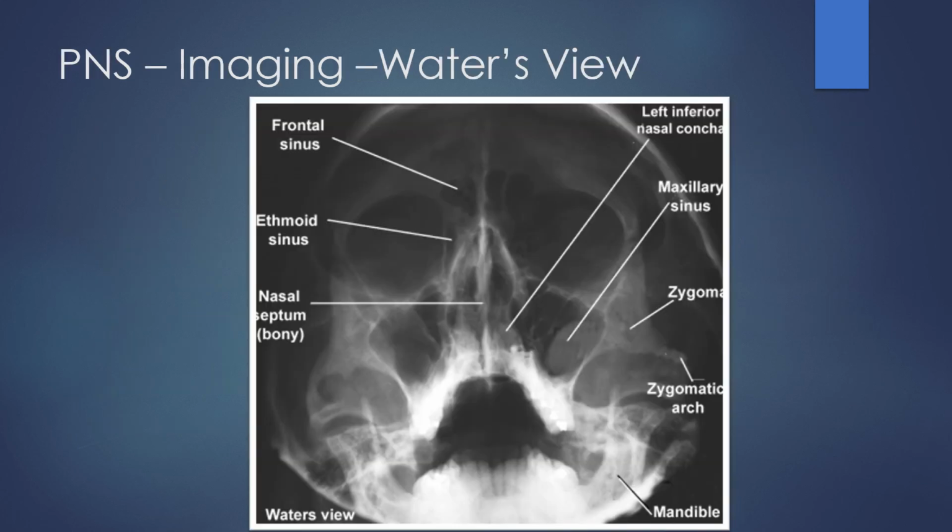Now to see clearly all the sinuses, a special view is taken in which the patient is asked to extend his head so that the chin touches the X-ray plate, and this is called as Waters view. Here all the sinuses are clearly seen, and if there is some secretion, the diagnosis is easier.